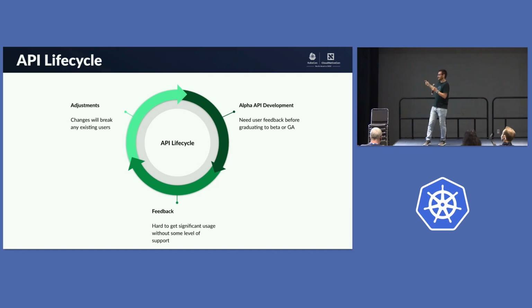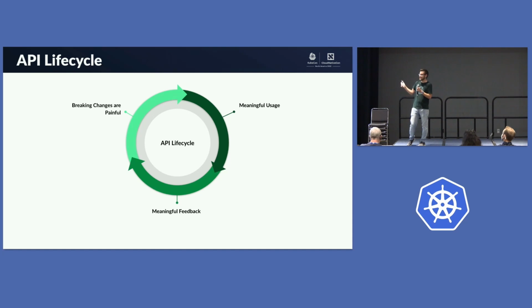So the more things that implement the API, the harder it is to change anything about that API, but you need more things to implement the API to get feedback. It is a vicious cycle. I've summarized it here maybe a little bit easier. You need meaningful usage to get meaningful feedback, but when you have meaningful feedback, breaking changes are really painful. It's an awful cycle.